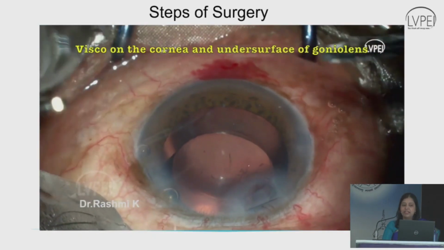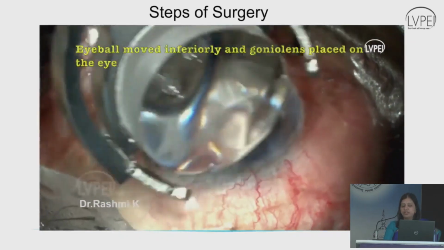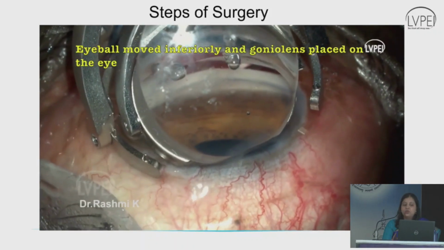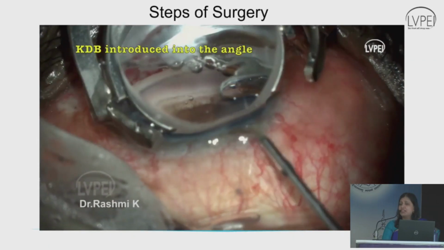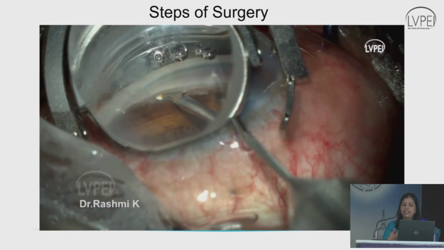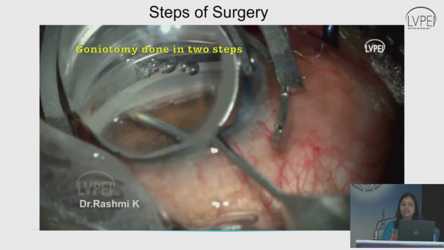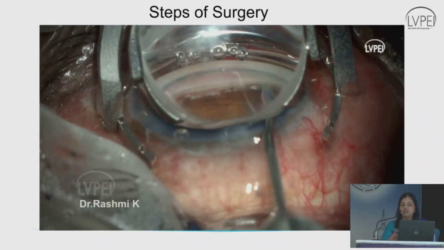Once the settings are done, microscope, visco in the eye, visco on the cornea, the direct gonio lens is placed, and the angle structures are visualized. Better to always do it with high magnification, and the smaller the incision the better. I would prefer to do it through the side port because the amount of Healon that escapes is less. And this is meet and greet. Start from the center and do the goniotomy as far as we can see through the lens.